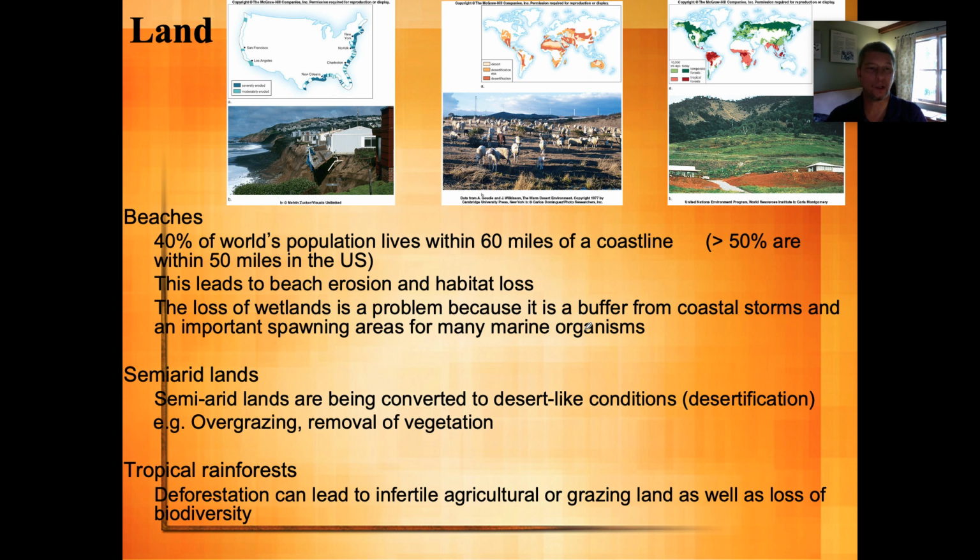What this leads to is beach erosion and habitat loss. And the loss of the wetlands can be a huge problem because it tends to be a buffer for storms like hurricanes. And it also is a very diverse area for biology in terms of marine organisms and some of the organisms that live in the swampy areas.